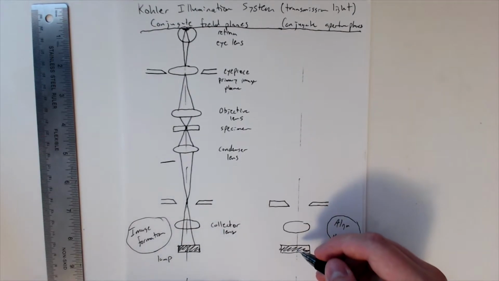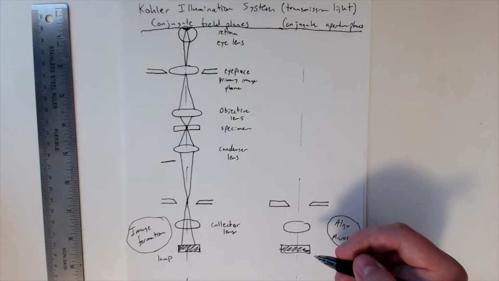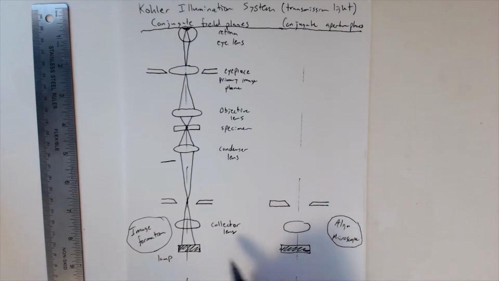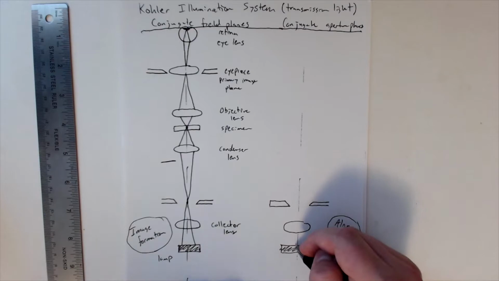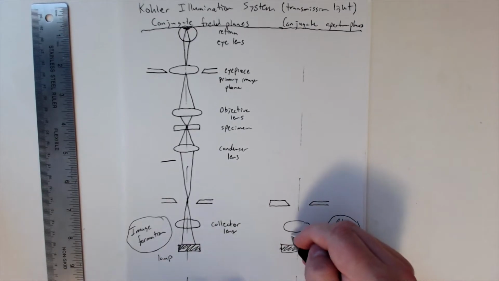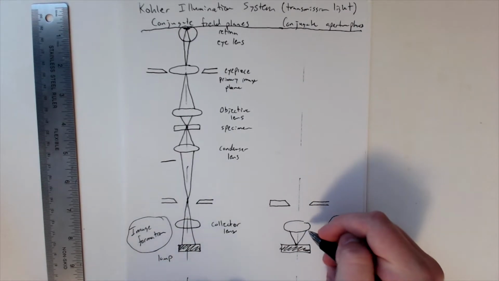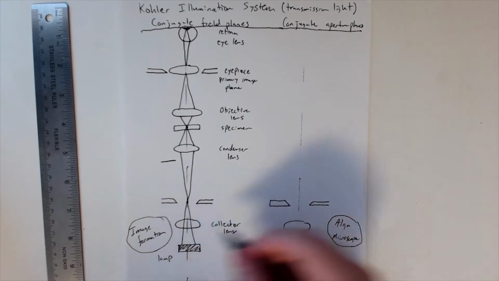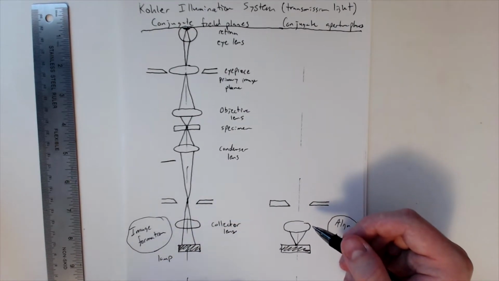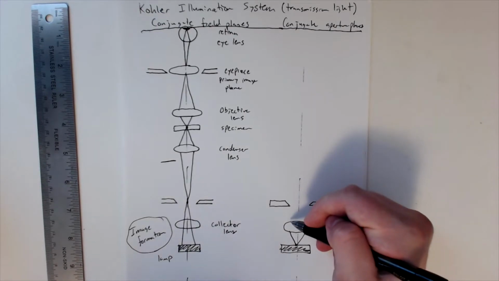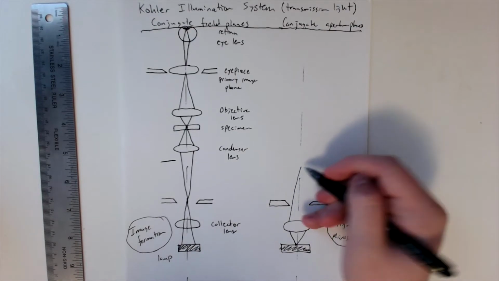So in this case, what happens with this type of diagram is instead of light that goes through this collector lens and converges to this point, we actually have divergent light. So we start with a point, and then the light diverges to that lens instead of converging to that lens. What that does is make this divergent light converge to a point up here.